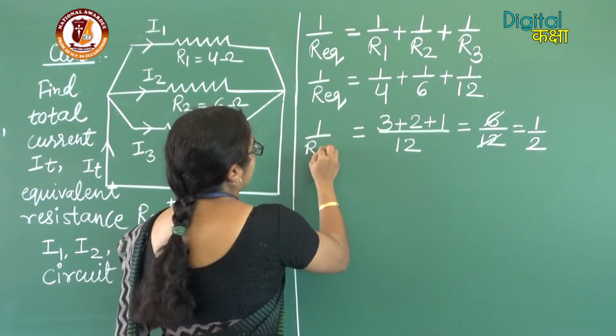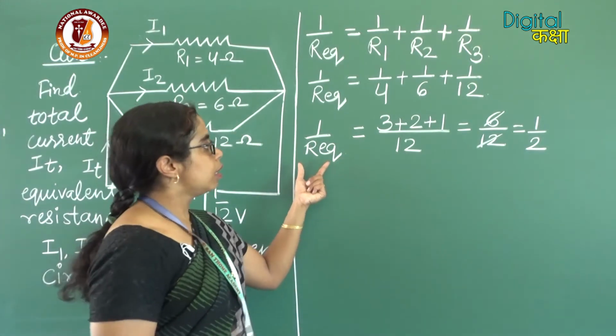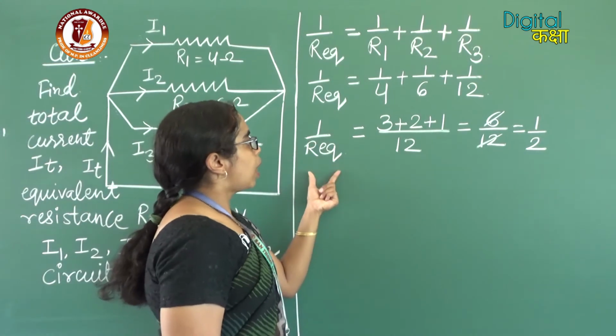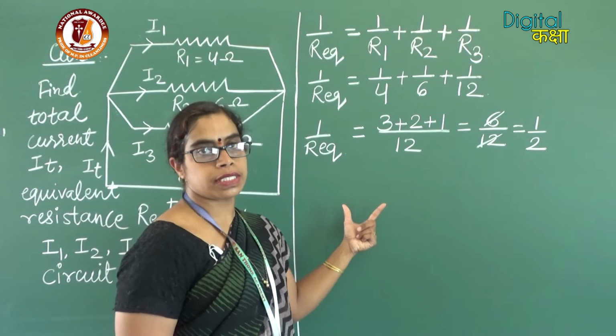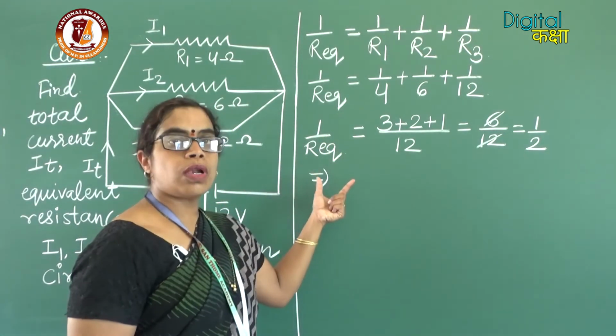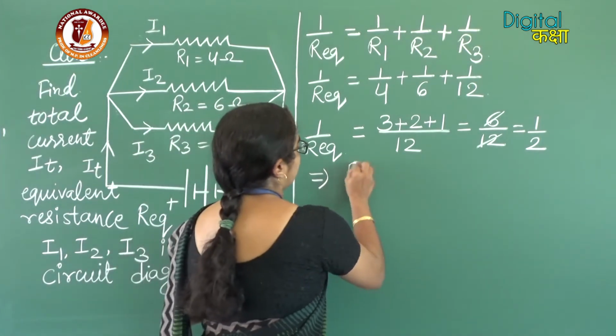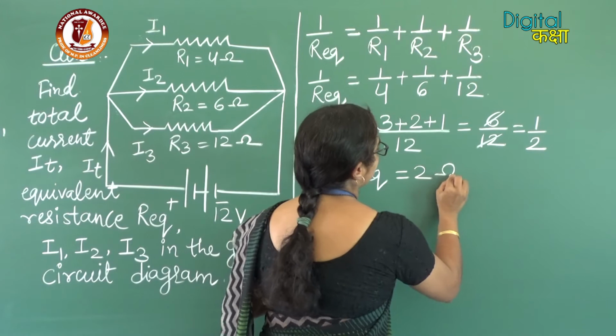Here on LHS, we have 1 upon R equivalent, which is equal to 1 upon 2 in the RHS. From here, on taking the reciprocal on both the sides, I can write that R equivalent is equal to 2 ohms.